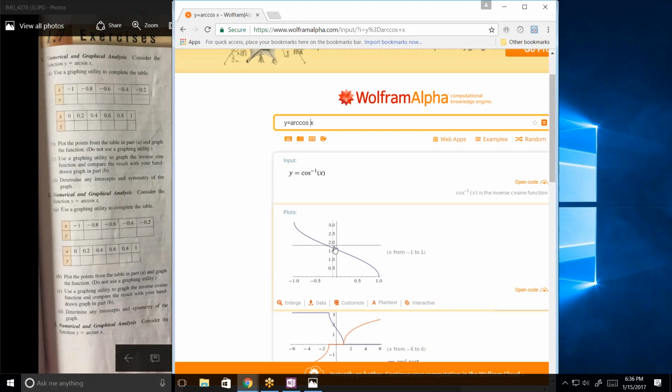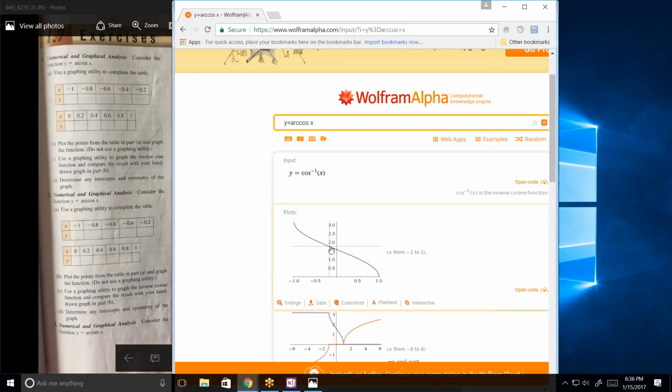And finally, where is the second hash mark? I can't hardly tell. We'll call it there. That's pretty close. So negative 0.2, the inverse cosine of that. 1.8.